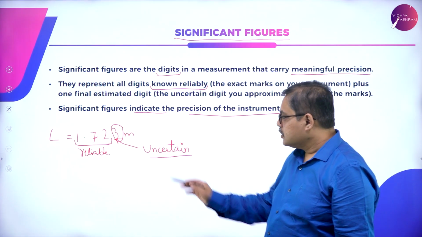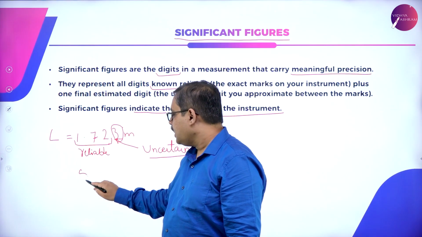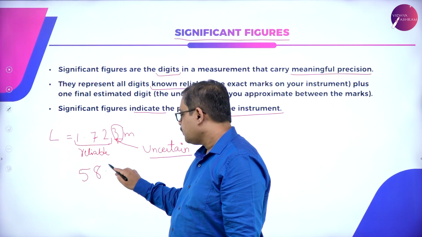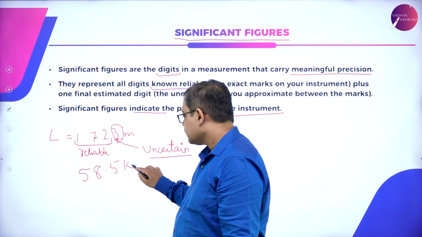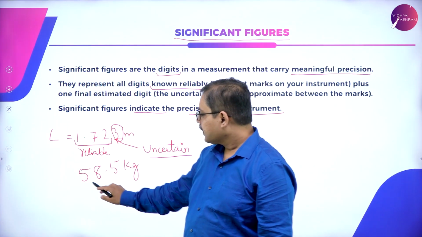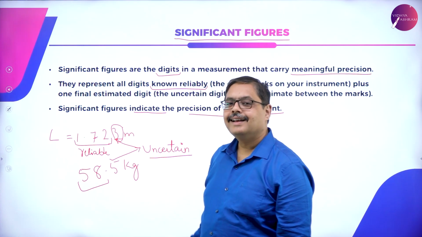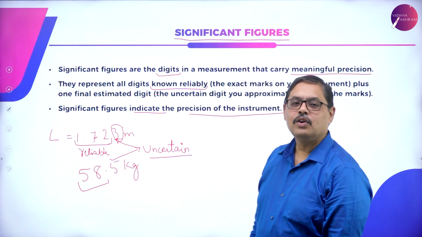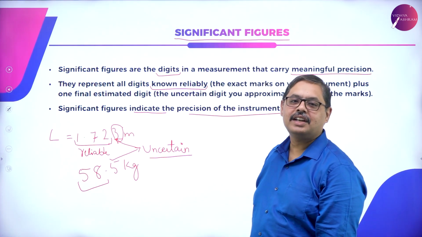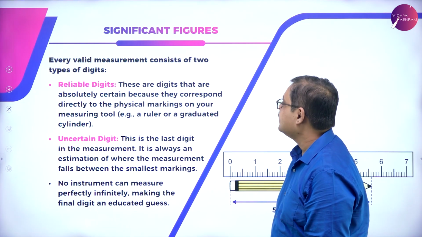Suppose I write that my weight is 58.5 kg. Here 58 is reliable, 5 is uncertain. Let us try to understand what this reliable digit and this uncertain digit are.